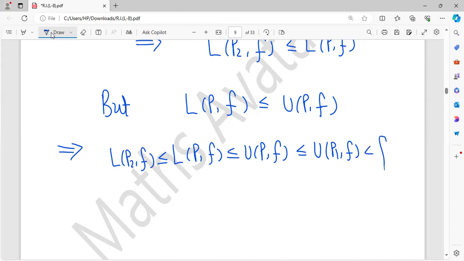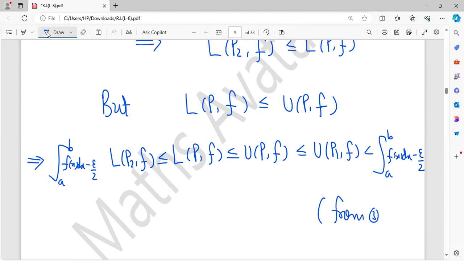But this is strictly less than the integral from a to b of f(x) dx minus epsilon by 2, from equations 3 and 4. So now what do we actually have?